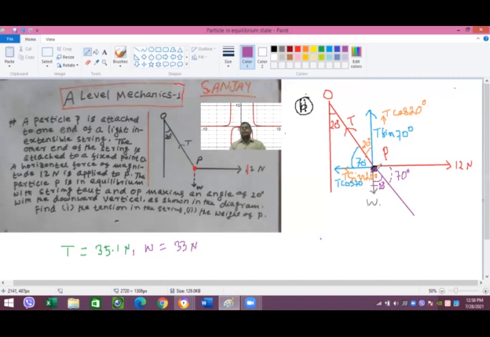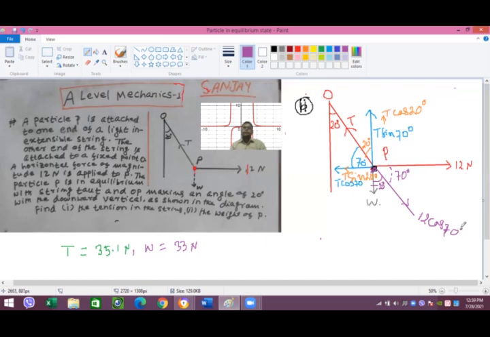Okay, so here you can see that along this direction, this particle is acted upon by two forces. One, the force 12 Newton applied to this particle, and another force is the weight of this particle. So if I'm considering the component for this 12 Newton force, because this 12 Newton force makes an angle 70 degrees with this line, the horizontal component for this 12 Newton will be 12 cos 70 degrees.